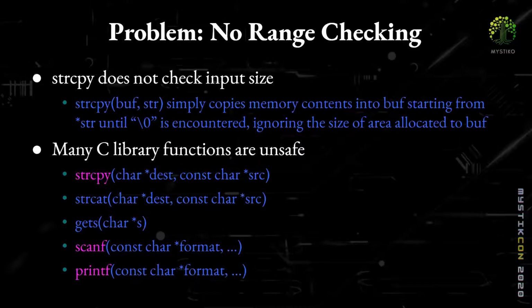The simple instruction strcpy(buff, str) will copy the content pointed to by str into the buffer variable. It will simply copy memory contents into the buffer starting from the address pointed to by str until a null character is encountered, ignoring the size of the area allocated to buff. The unsafe C library functions are strcpy, strcat, gets, scanf, scanf if no format string is specified, and printf.